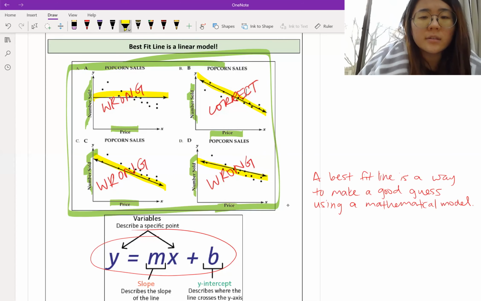So A, C, and D are all wrong because they don't fit these three criteria. What I mean by criteria is that for every best fit line, it should have these three things. One, it should go through the middle of the data.